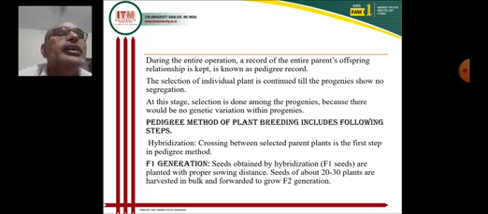It is known as pedigree record. The selection of individual plant is continued till the progenies show no segregation. At this stage, selection is done among the progenies because there would be no genetic variation within the progenies.